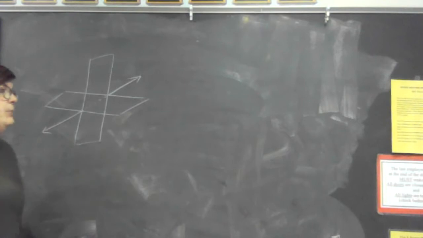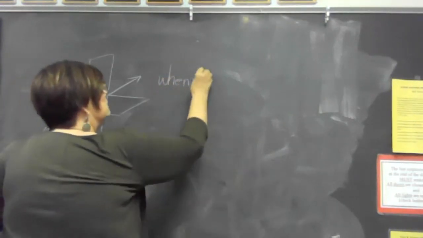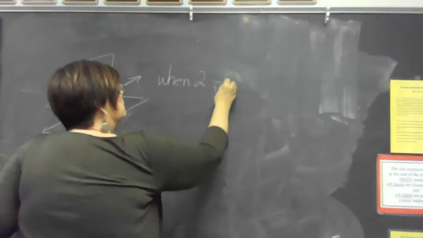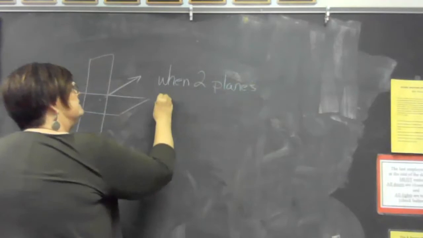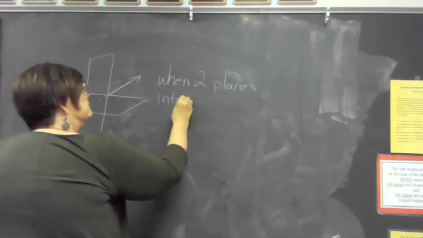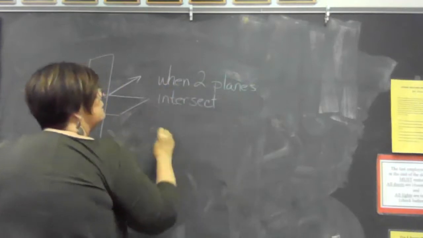So when 2 planes, you'll need to write this. When 2 planes intersect, intersect means they come together and cross each other. Intersect.